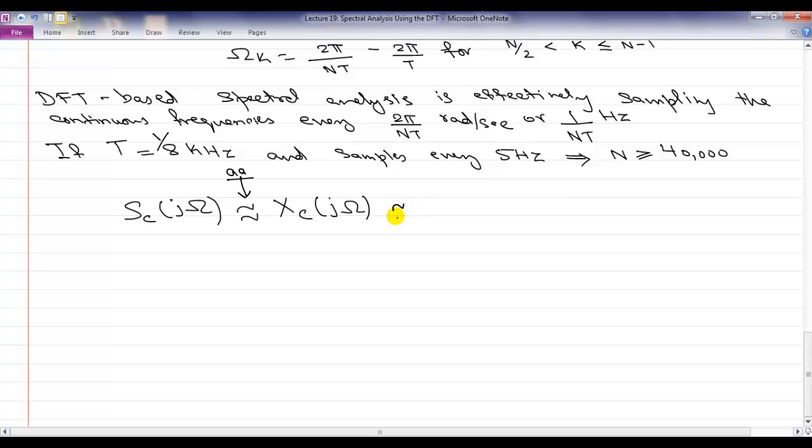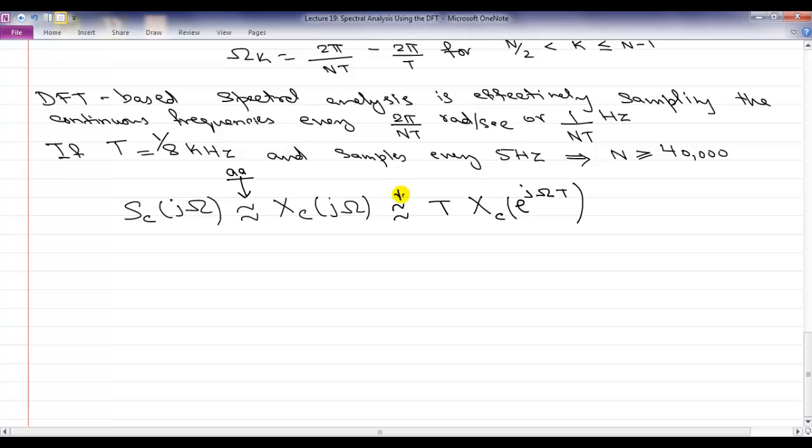Let's assume that that is also ideal sampling, which means that the relationship between the continuous and discrete frequencies is the scaling of the amplitudes by T. Hopefully everyone still remembers their 4th chapter, scaling of axis and amplitude.